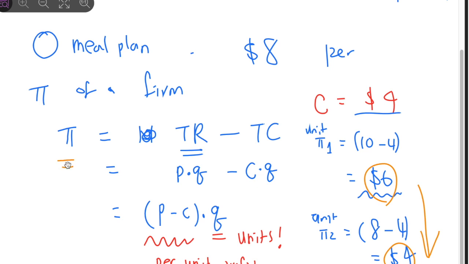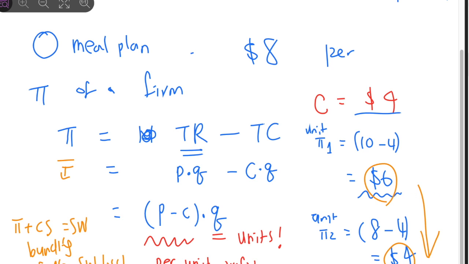And the profit plus consumer surplus together make the social welfare. So if you are bundling, and you're not really happy with the plan, the meal plan, the internet plan, or anything, then we will suffer social welfare loss.